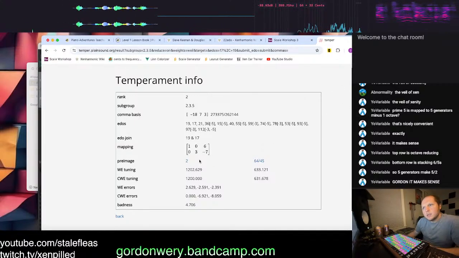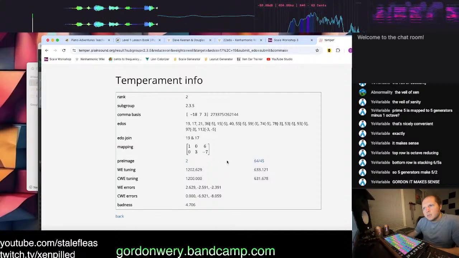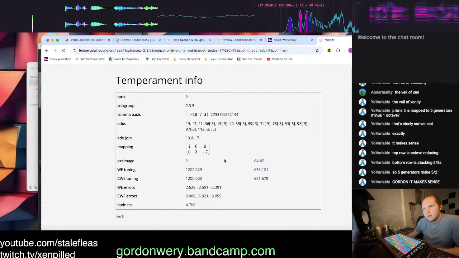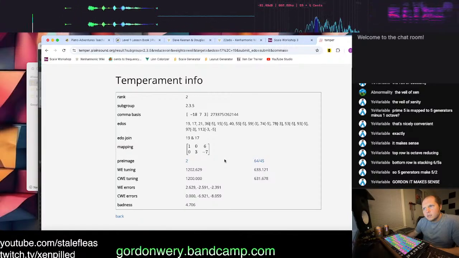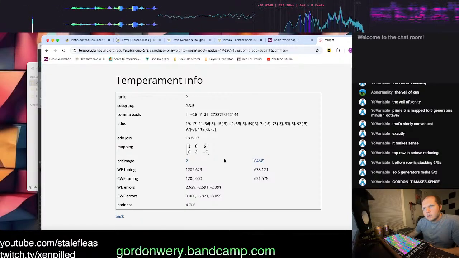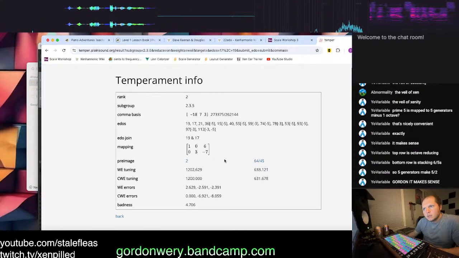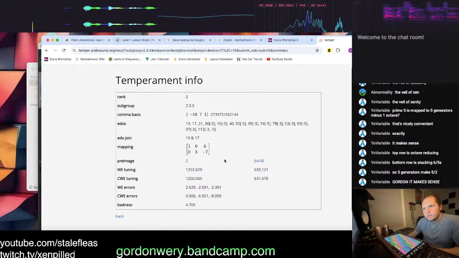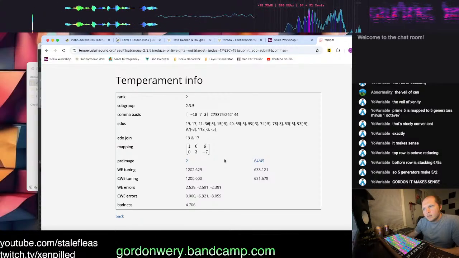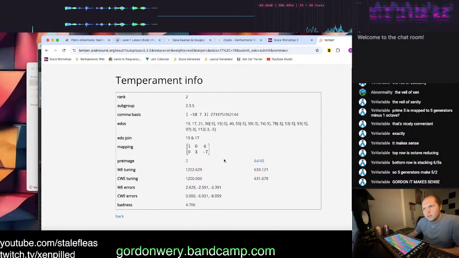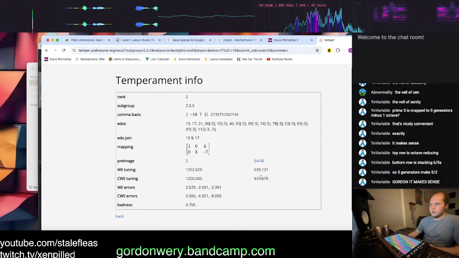For meantone, you can work with a fairly small scale because to get your major third, you only need to go by four perfect fifth generators. So you can manage with just seven notes, though certain tunings will be more complex. How many generators it takes to get something is called complexity.